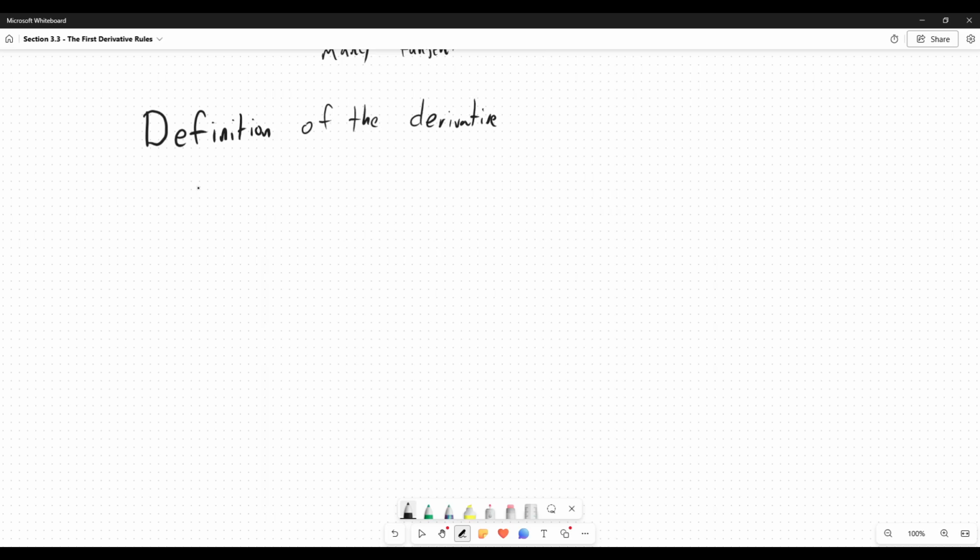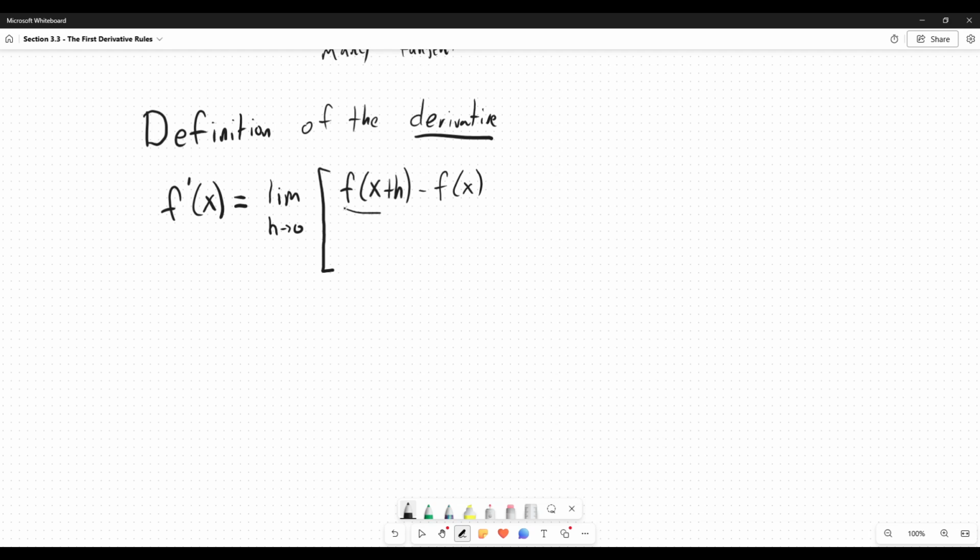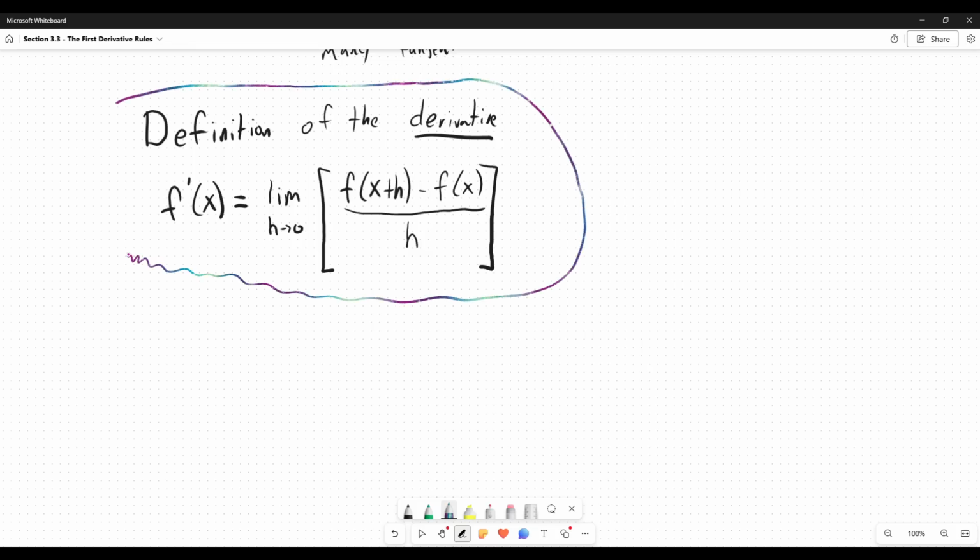F prime of x is a particular limit as h goes to 0 of the ratio f of x plus h minus f of x divided by h. There it is. Because this is so special, we're going to do our galaxy color. This is the definition of the derivative.